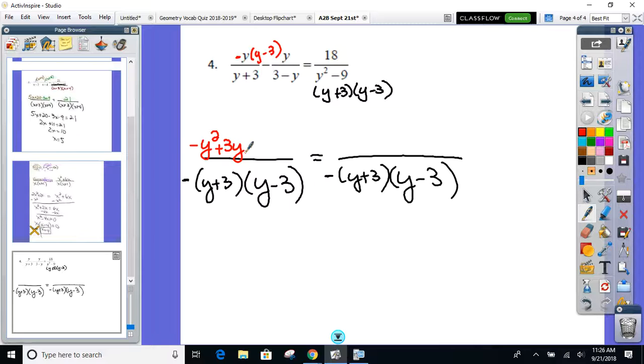Isn't this the same thing as those two things already? -y, got it. Plus 3, got it. These two are the same exact as that denominator. So really, what's the only thing I'm missing? That y plus 3 there. This right here is the same thing as these two things down here, just separated. So the only thing I need to multiply by is y plus 3.